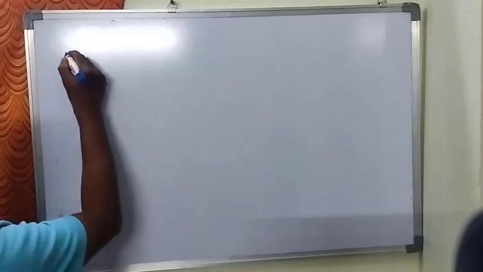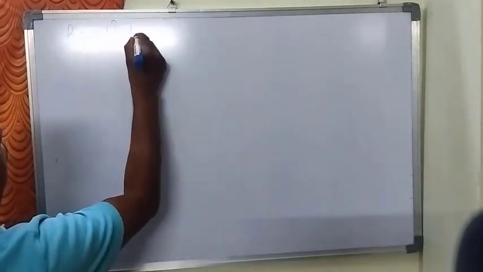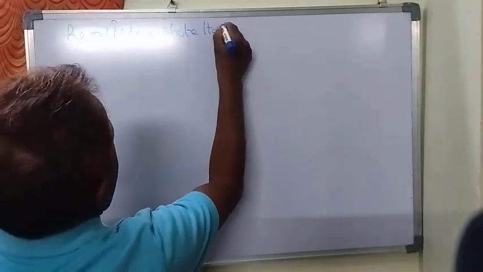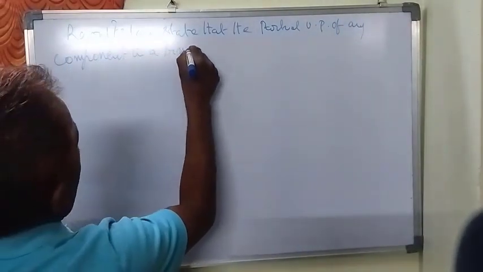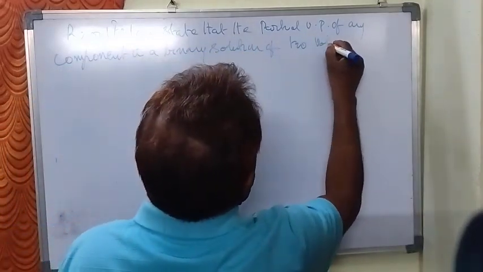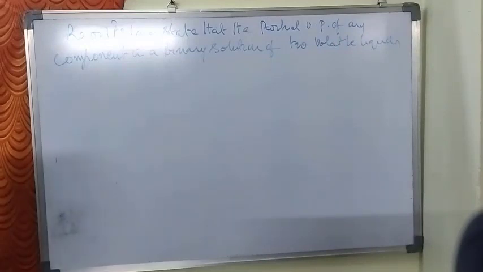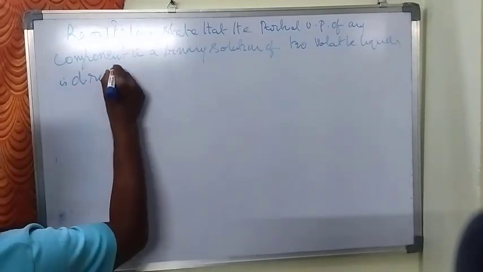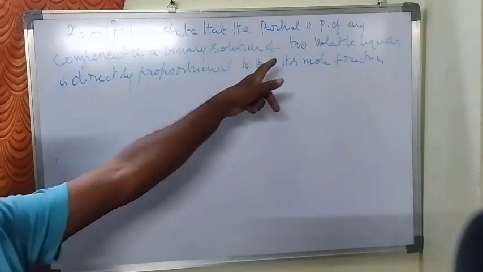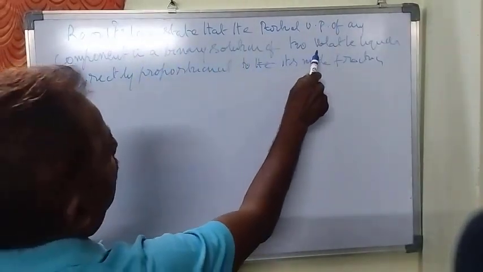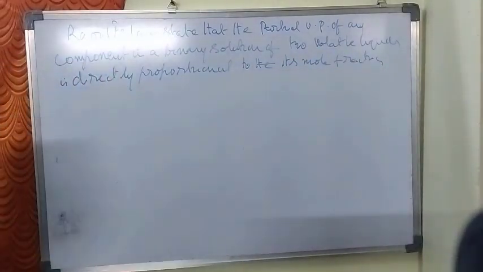So what is Raoult's law? Raoult's law states that the partial vapor pressure of any component in a binary solution of two volatile liquids is directly proportional to its mole fraction.